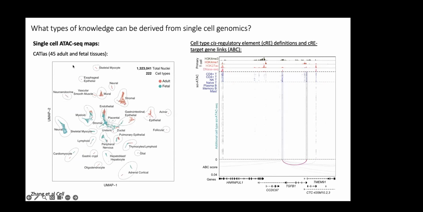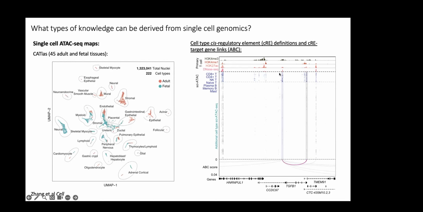Similarly, in the study from Bing's lab, where they looked at pan tissues, they derived cis-regulatory element definitions in each cell type, and as I just mentioned in the previous slide, they further generated predictions within each cell type of the genes that are regulated by these cis-regulatory elements using a technique called ABC, which leverages ATAC-seq profiles from each individual cell type.